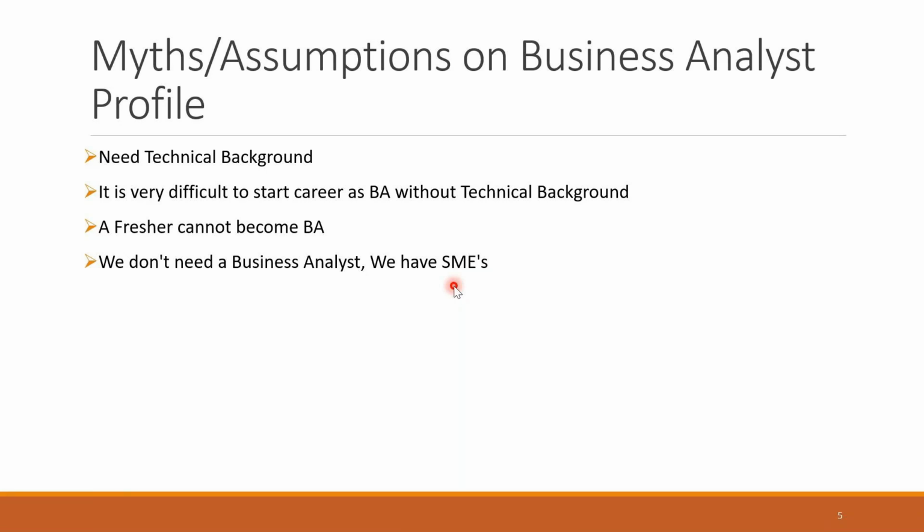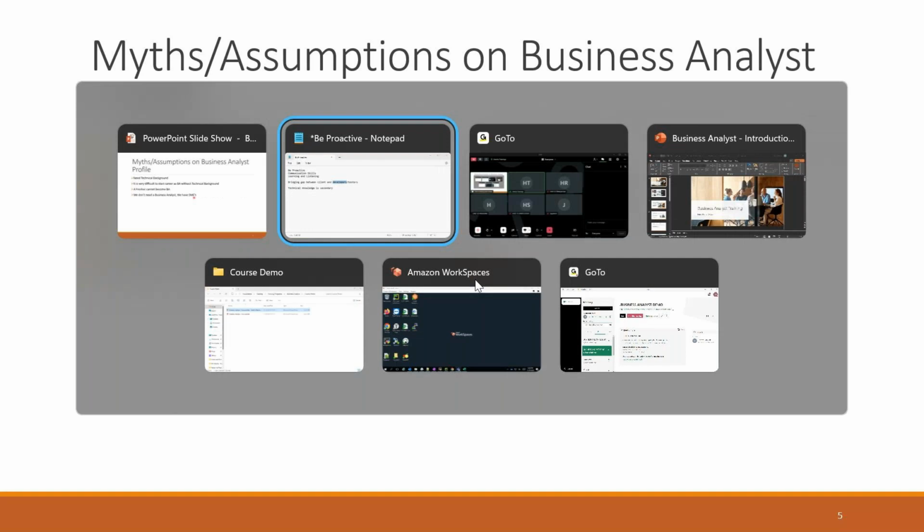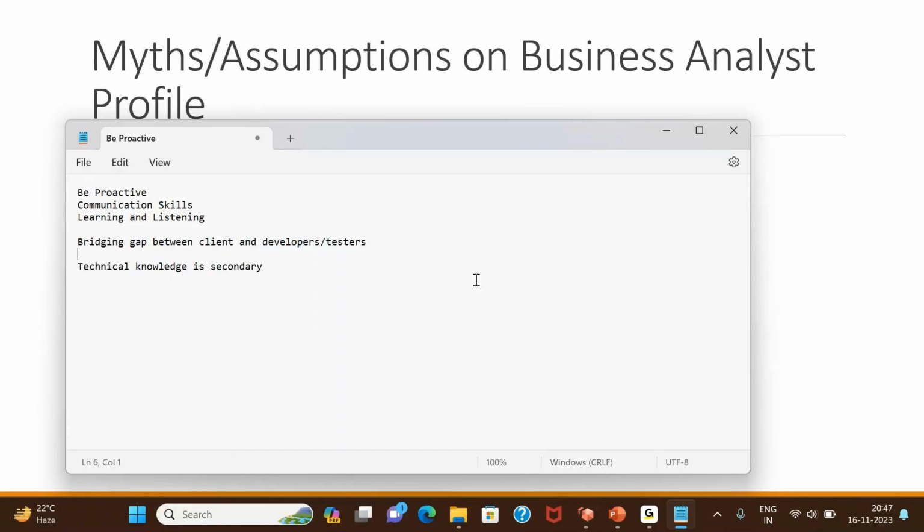So sometimes people often say that we already have SMEs, subject matter experts, in our company. Why do we need a business analyst? The two roles, subject matter expert and business analyst, are two completely different profiles. For a subject matter expert, their main responsibility is to keep enhancing their knowledge on the subject.